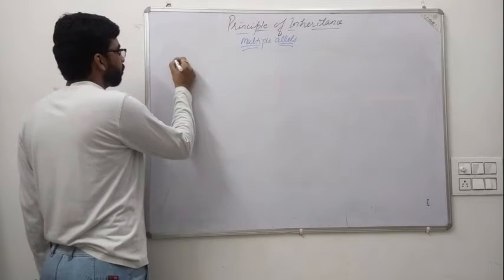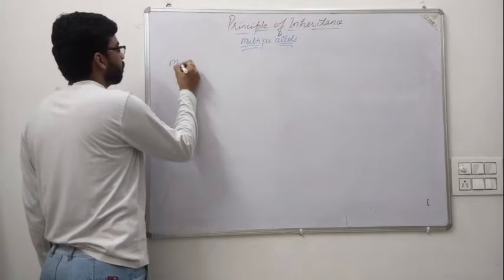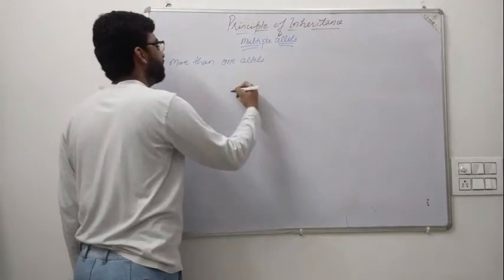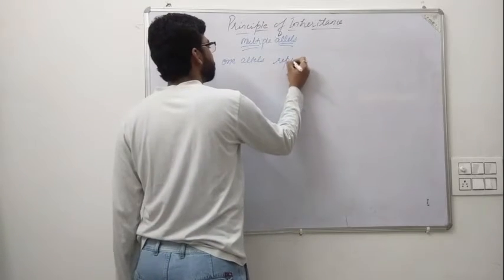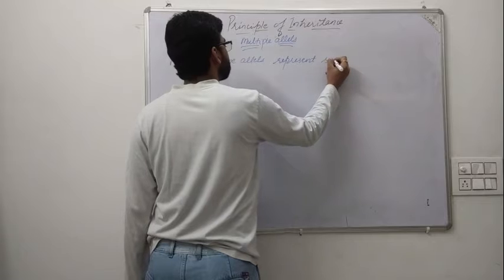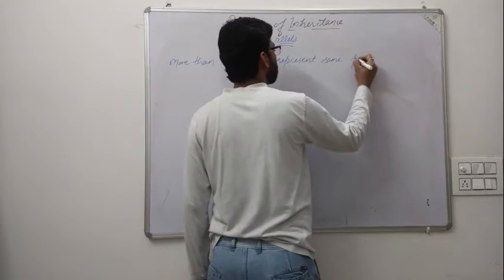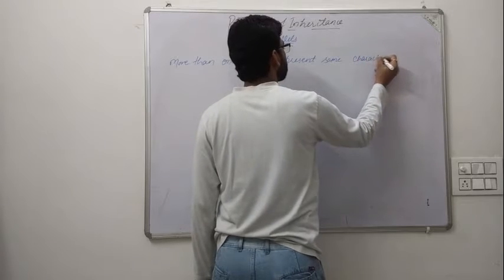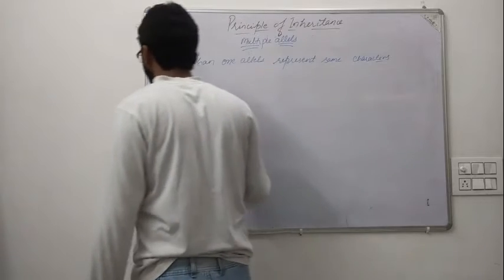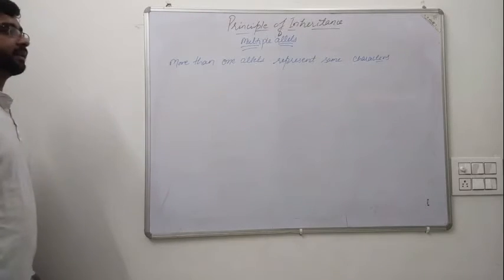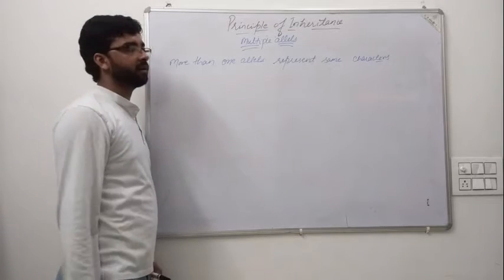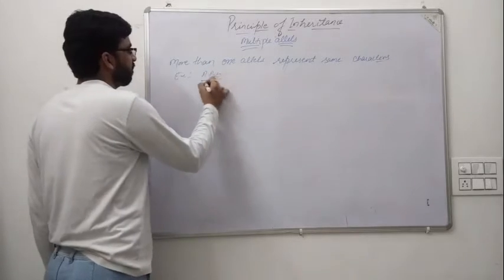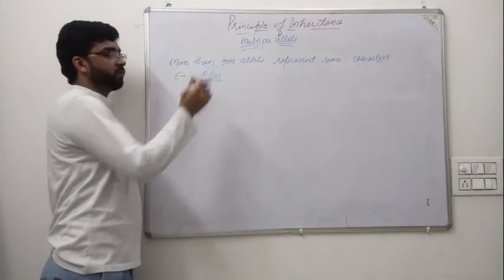It means more than one allele representing the same character. We take an example of the ABO blood group and discuss it here.